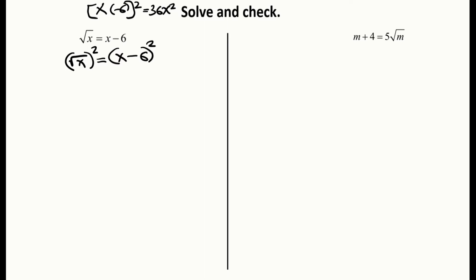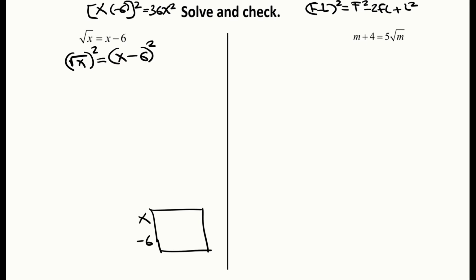So now you can either use a formula such as f minus l squared equals f squared minus 2fl plus l squared, or probably the safest thing, just quickly multiply it out in one of these nice tables. You have x minus 6, x minus 6, and you just multiply it out like a times table.